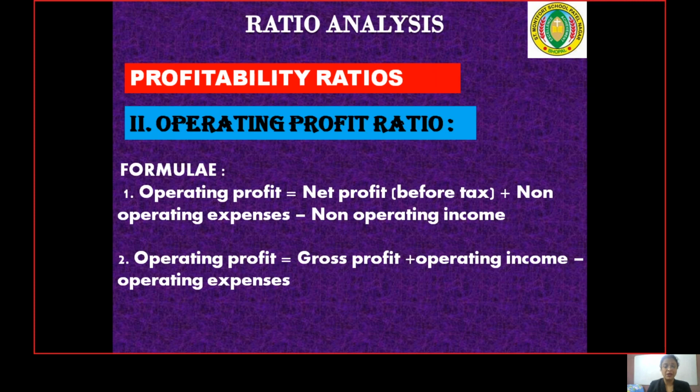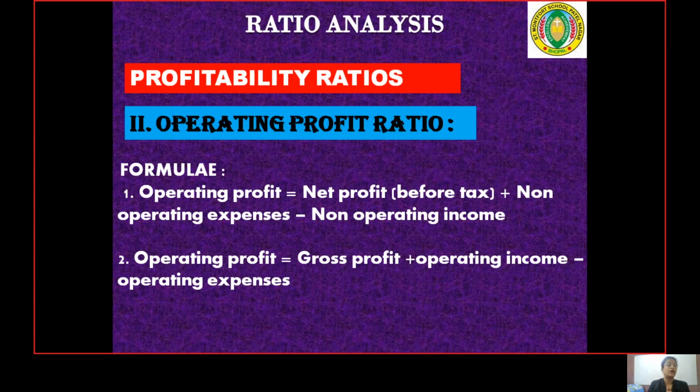Now in the question you may be given operating expenses like this. Suppose you are given salaries of employees, then office rent, or you can get information like administrative and selling expenses. All these things are directly related to the core nature of the business and add cost to the business.